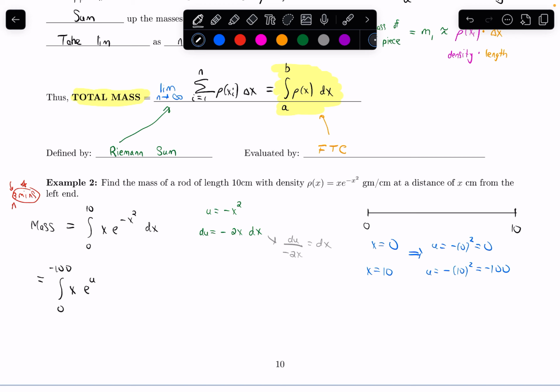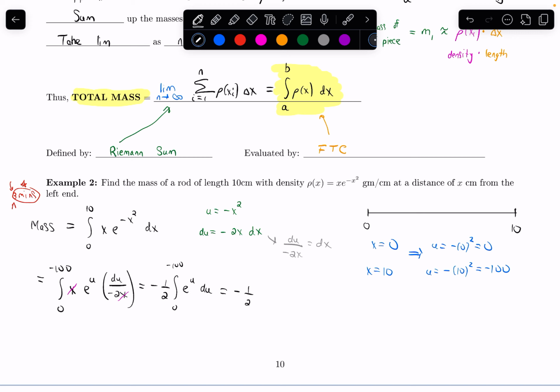So the bottom limit becomes 0, the upper one is negative 100, and then I have x times e to the u times dx, which is du over negative 2x. I can pull out the negative 1/2 as a constant, and I notice that the x up top and this x on the bottom cancel, so we are left with the integral from 0 to negative 100 of e to the u du. Now we can do the antiderivative.